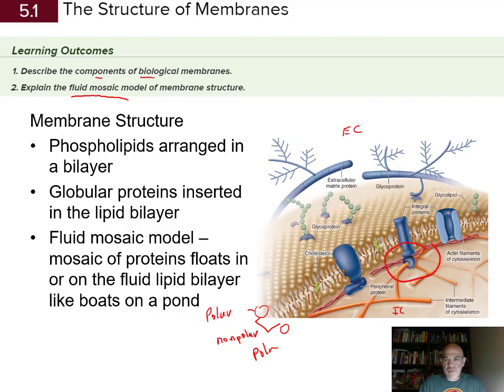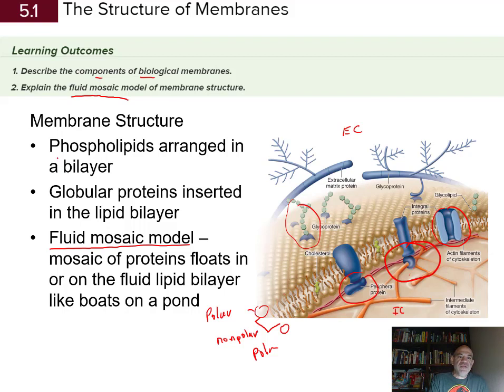So like right here in the images, you'll see that these proteins are tied or tethered to some of the cytoskeleton within, so they can't move around as freely, but others are not, like this protein right here. And some other proteins may have sugars tied to them. Those can move around freely and randomly, and they refer to this as a fluid mosaic model. And the fluid means that it can move around. So sometimes they compare these proteins to kind of ships in the sea floating around there.